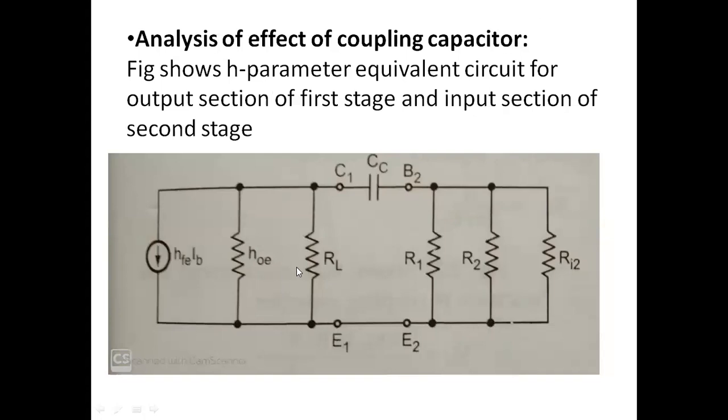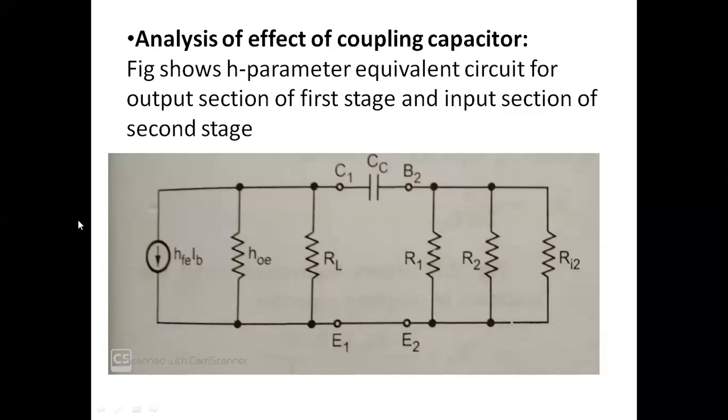That's why we have RL at the collector. This is the collector terminal components, and emitter is common. If you analyze the circuit by using the H parameter model, we have remaining elements. We are neglecting all the other elements, that means VI, VS, RS, as well as HIE, HRE, VCE, and the input impedances.